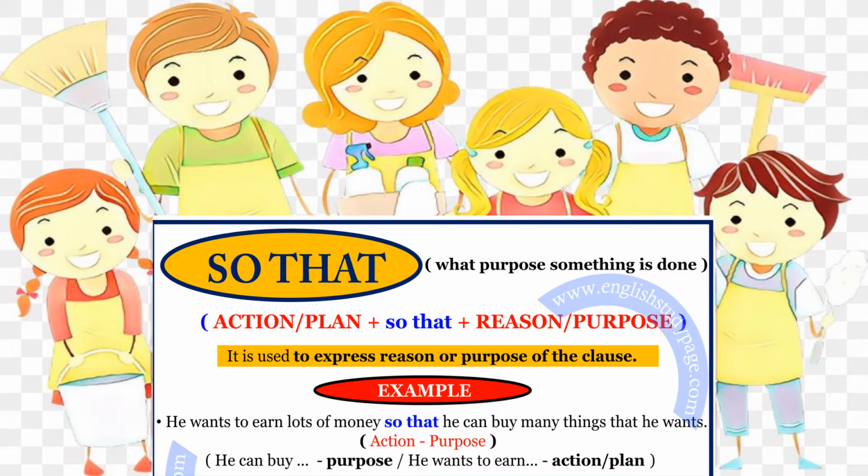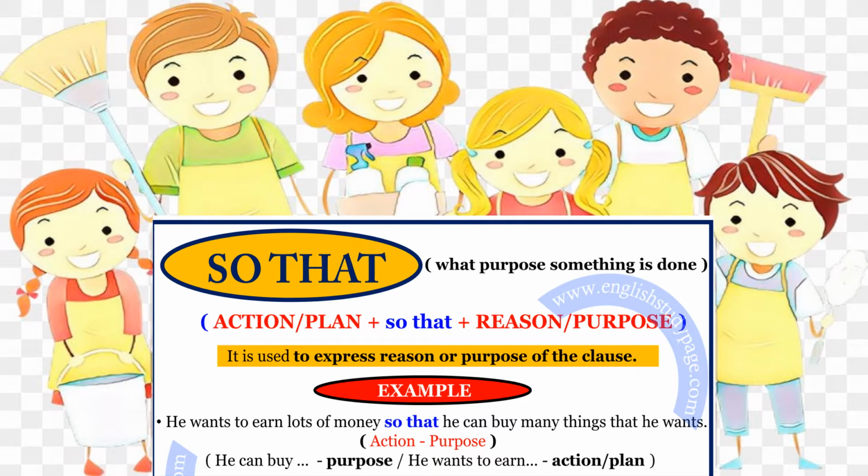Let us focus now on our topic "so that." "So that" is used to express reason or purpose when something is done. First, we must have an action or a plan. We add "so that," and we add the reason or purpose of that action plan. For example, he wants to earn lots of money so that he can buy many things that he wants.